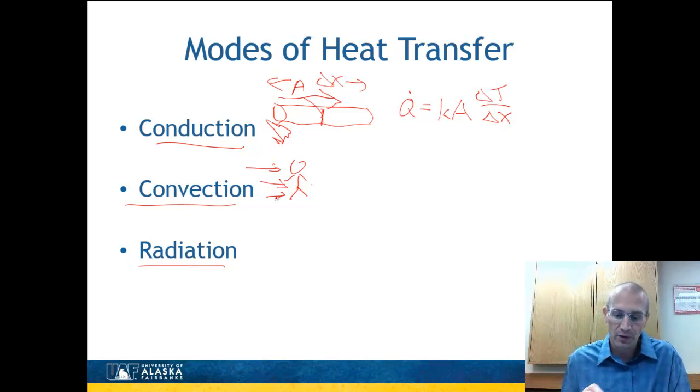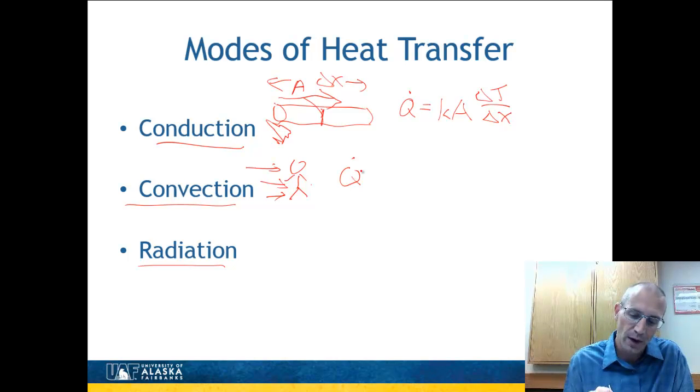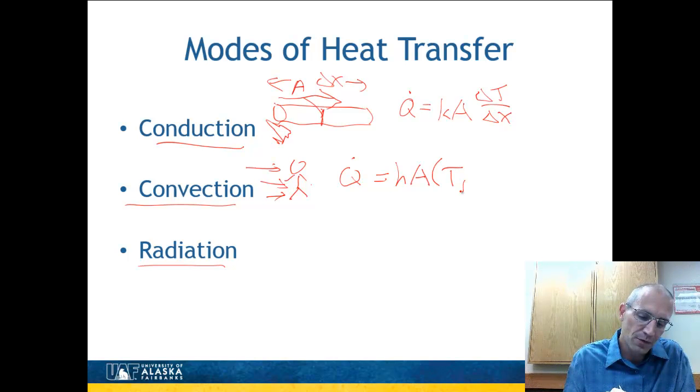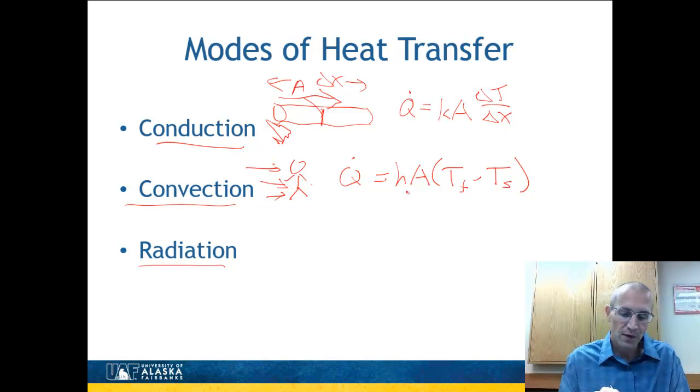The describing equation for convection is the rate of heat transfer is equal to h A times T of the fluid minus T of the surface. This value h is called the heat transfer coefficient, and it is a function of many things. For example, what is the fluid that is flowing, how fast it is flowing, and various other material properties.